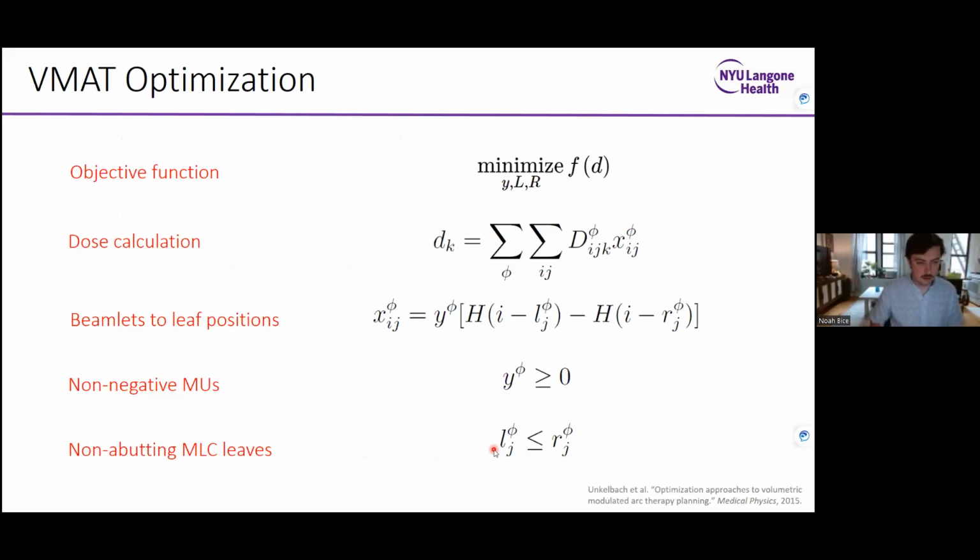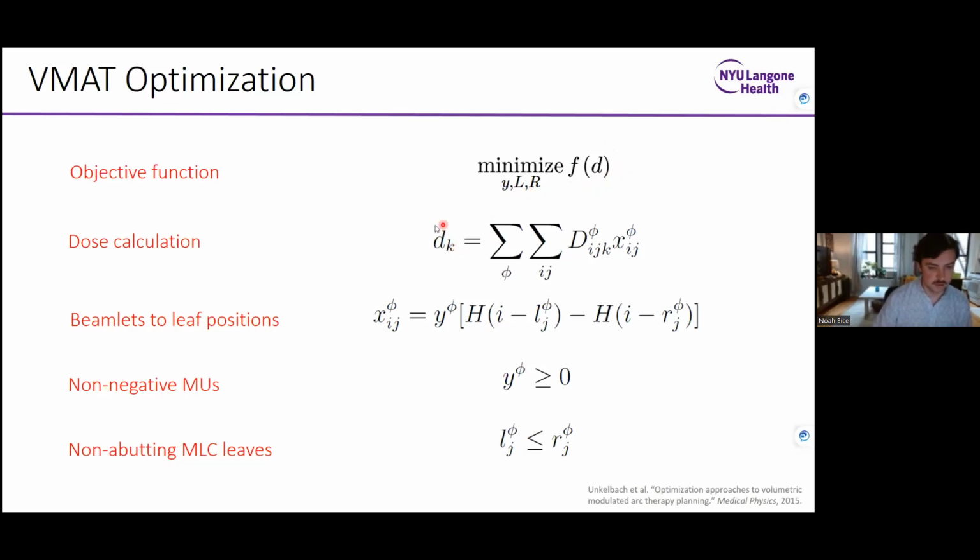So here's the formal mathematical statement of everything that's going on in VMAT optimization. And it's not that different from what we saw with IMRT optimization. Just as before, we're going to minimize some user-defined objective function f, which is evaluated with respect to the dose in the patient D. And we're going to minimize now with respect to these aperture intensities and left and right leaf positions at every control point.